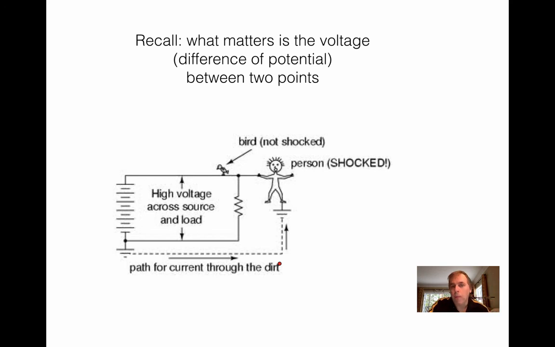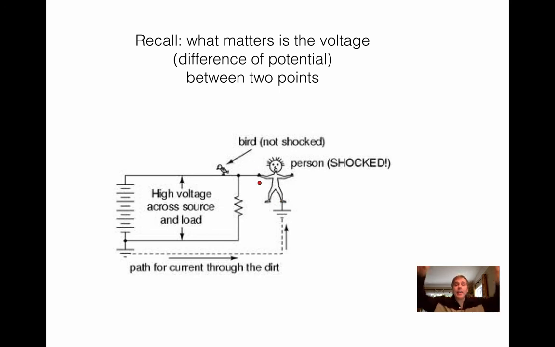Then you're in trouble. You have a large voltage across your body, and your body acts like a resistor, but if the voltage is large enough, you're going to have a current flowing through your body. And really what's dangerous is the current, the flow of charges through your body, especially if it travels to the heart. If the flow of charges flows through your heart, then it's very, very dangerous and possibly deadly.